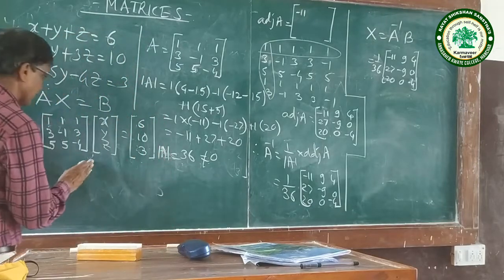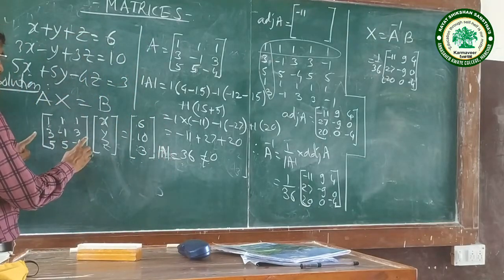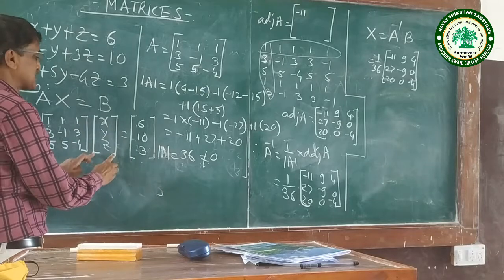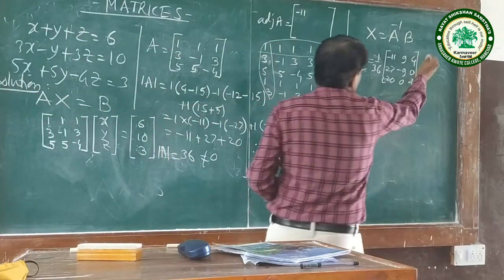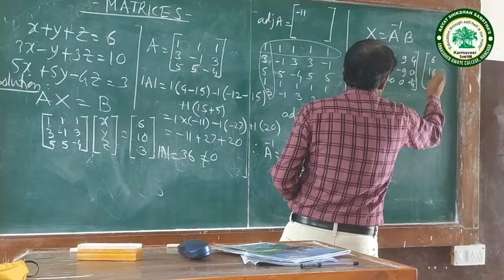See, this is of the form AX is equal to B. Matrix A, matrix X, matrix B, 6, 10, 3. So it is into 6, 10, 3.